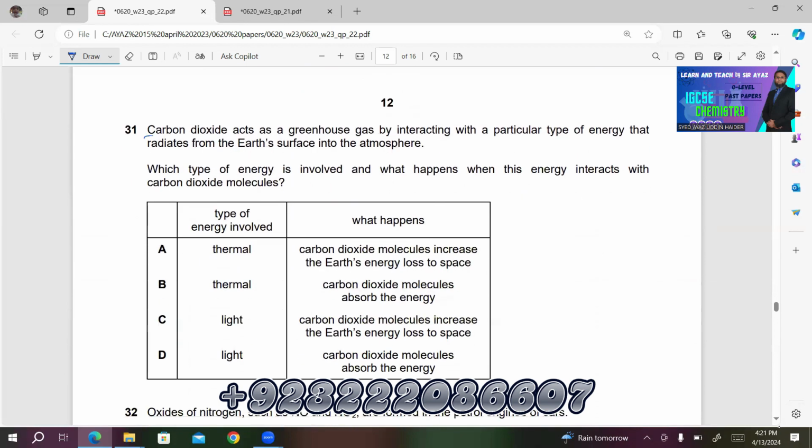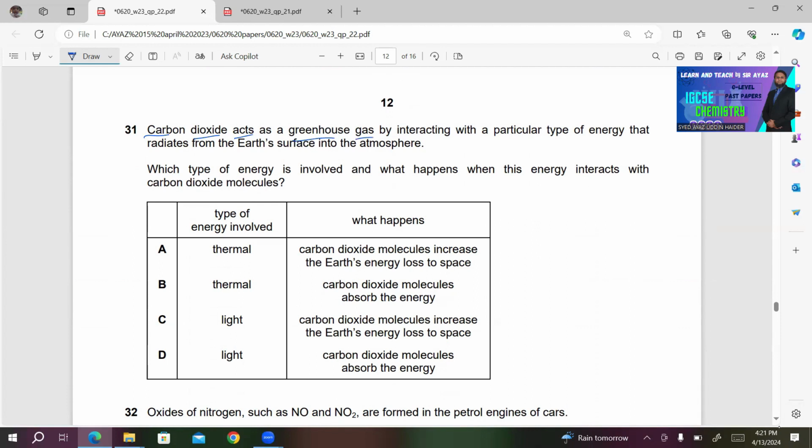31. Carbon dioxide acts as a greenhouse gas by interacting with a particular type of energy that radiates from the Earth's surface into the atmosphere. Which type of energy is involved and what happens when this energy interacts with carbon dioxide molecules? Now, the energy involved is thermal energy.